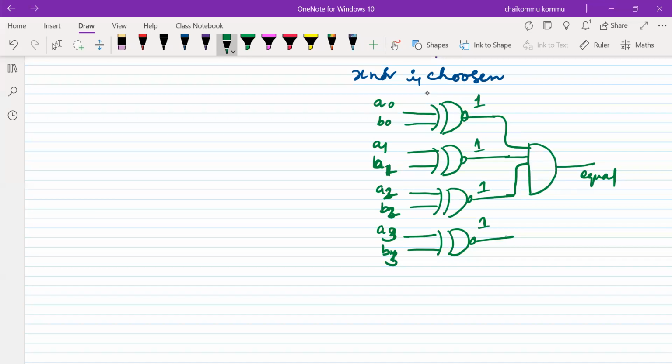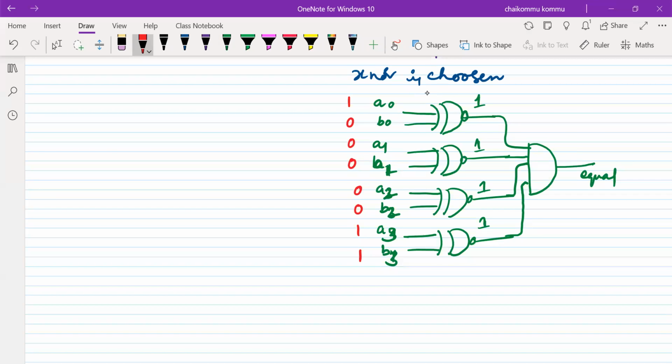If any one input of the AND gate is logic 0, the function output is logic 0, which means that both things are not equal. For example, A is 1, 0, 0, 1 and B is 0, 0, 0, 1. What output can you expect?